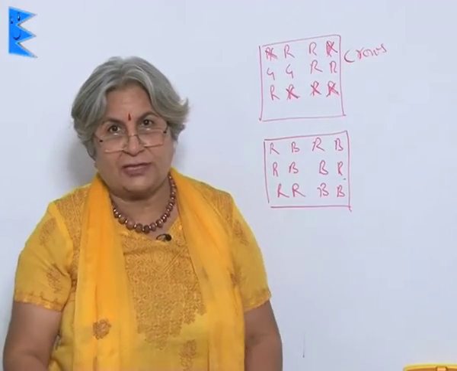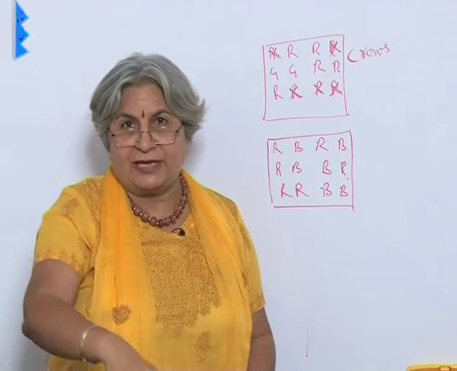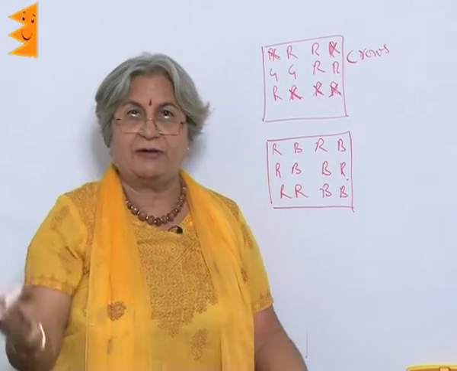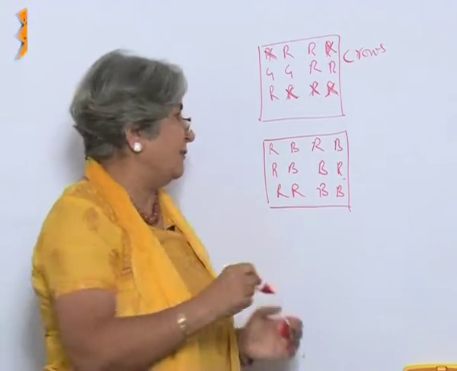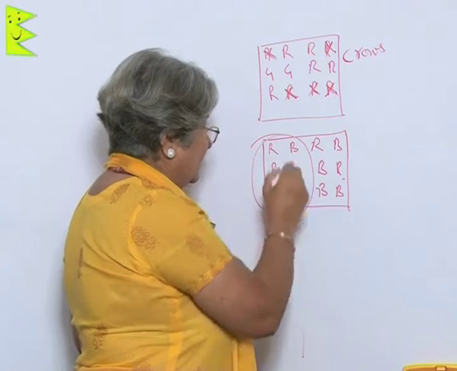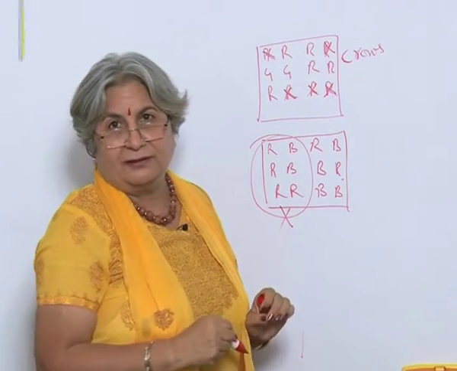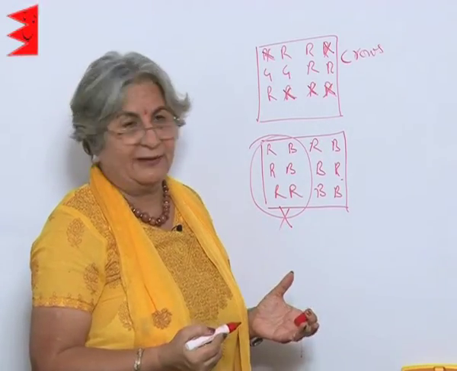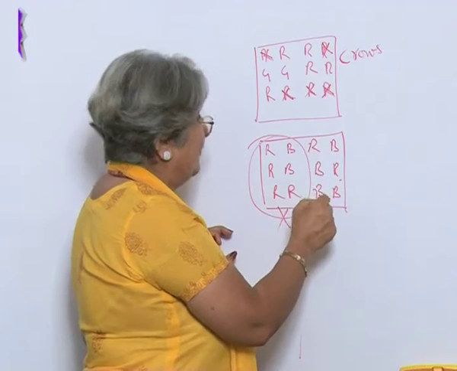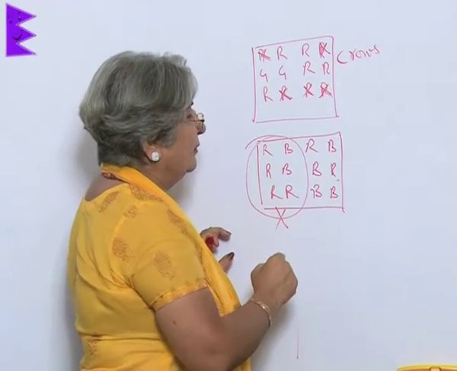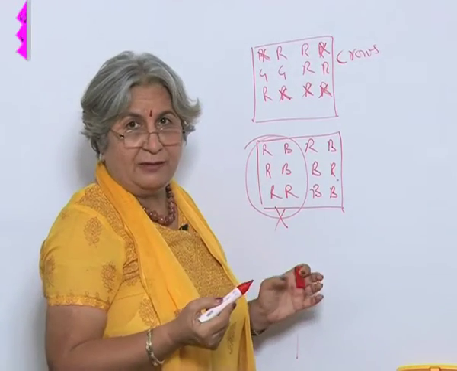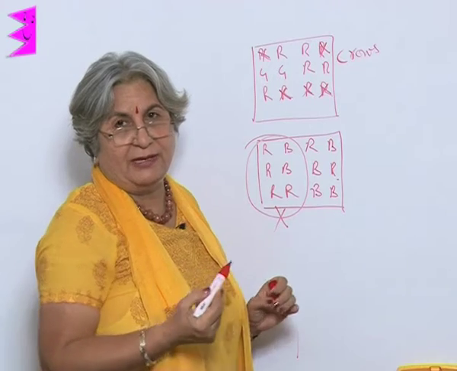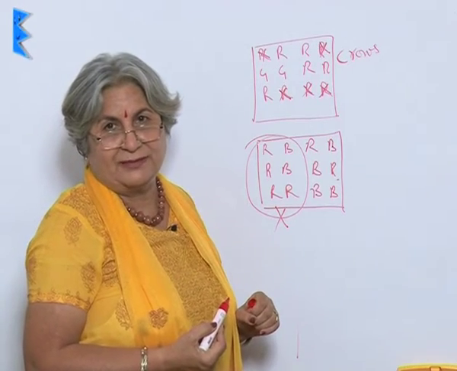Say a stone falls there, or an elephant keeps its foot there, or a tree falls on it, and some of the beetles get consumed, they die. Now what is left? Say if there are more blue, then what is going to happen? The area will become dominant in blue beetles.